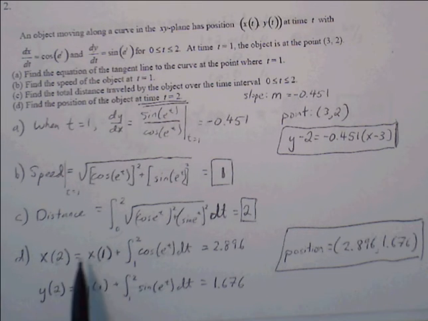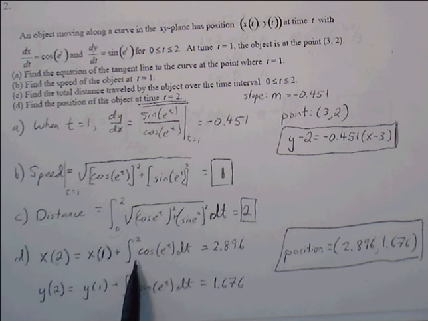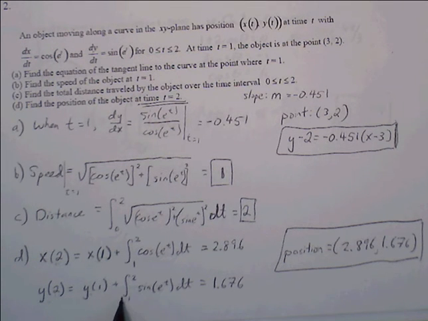So final position equals initial plus displacement. So displacement from 1 to 2 of dx/dt, and that will give us 2.896. Our final y position is our initial y position plus the vertical displacement from 1 to 2 of dy/dt, 1.676. So that's our ordered pair.